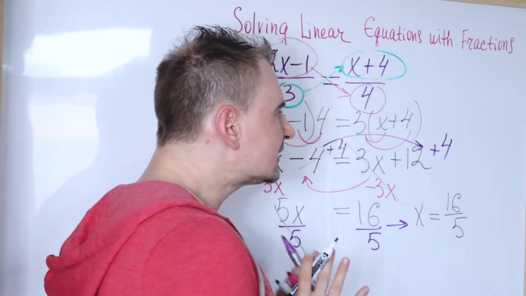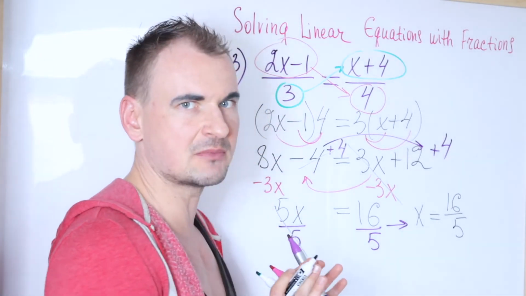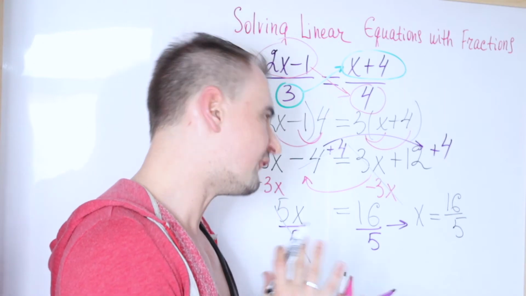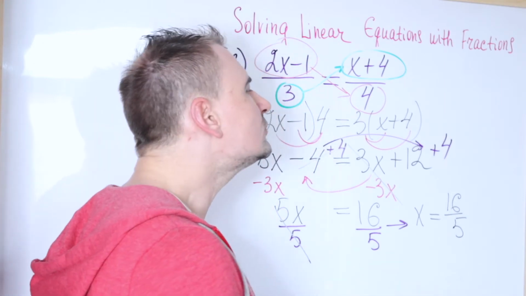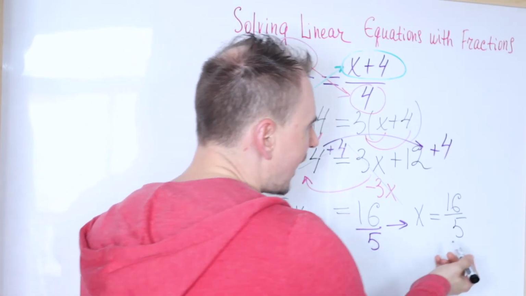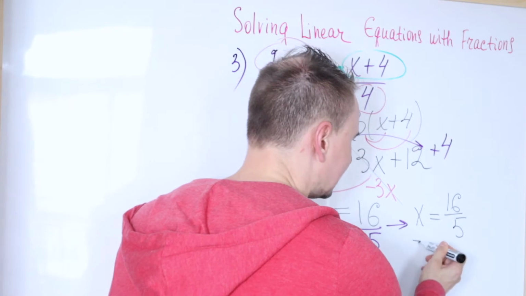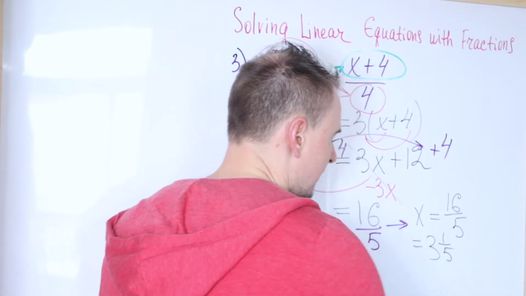It's not that neat integer number, but doesn't matter. So it's a fraction basically, and what you could do, you could just turn it into a mixed number, since 5 goes into 16 3 times, leaving you a fifth as a remainder.